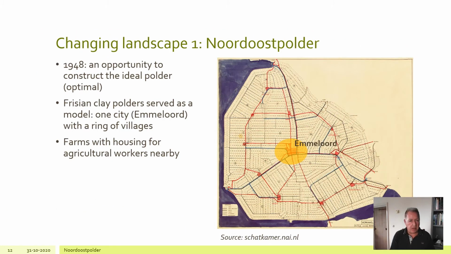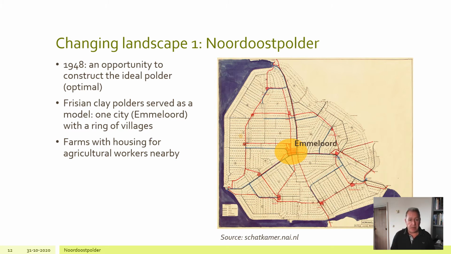There are many examples of changing landscapes, and I'm going to show you 3. The first one is about the Noordoostpolder in the north of the Netherlands. It's land made out of sea. It became dry in the middle of the Second World War, so after the war, the planners had opportunity to construct an ideal polder, optimized.